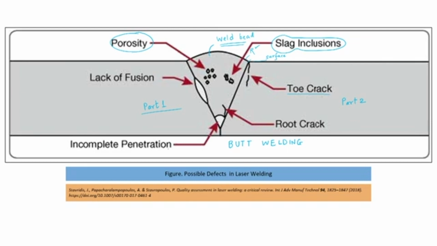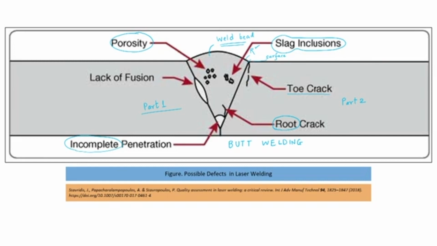We may also have incomplete penetration during the laser welding operation. If the process parameters are not properly set, there are chances of poor or incomplete penetration. Moreover, there may be chances of having certain cracks at the root. So, during all these operations we must understand the various defects which are generated, and accordingly modulate or fine tune the process parameters.